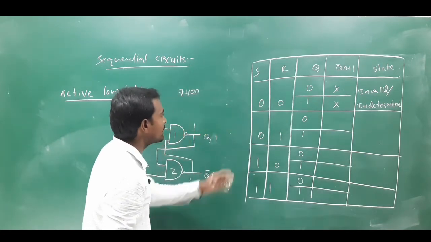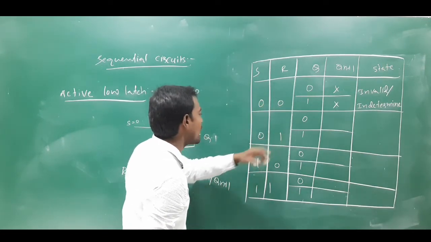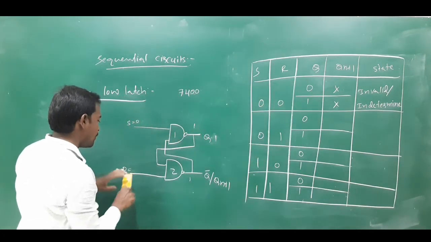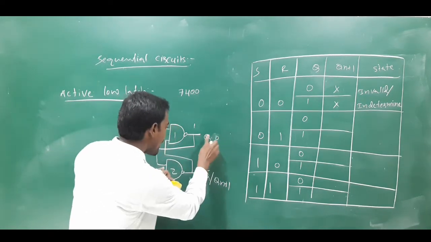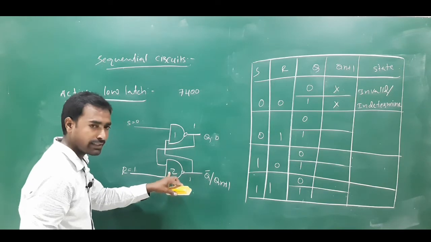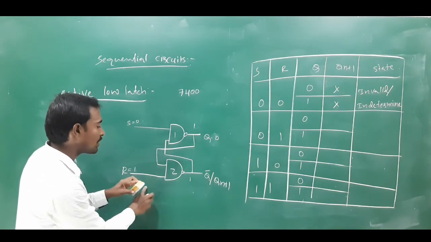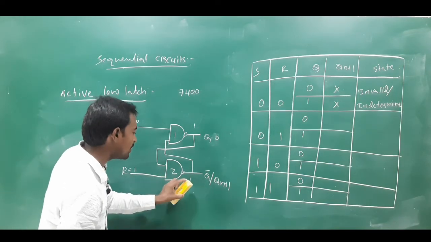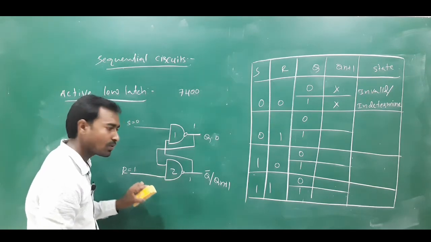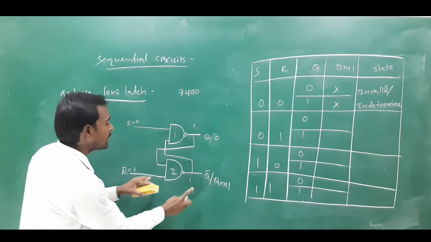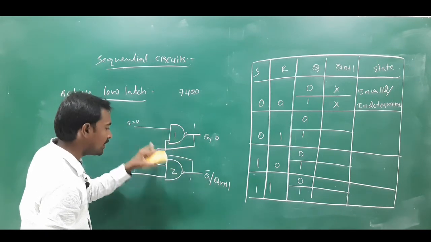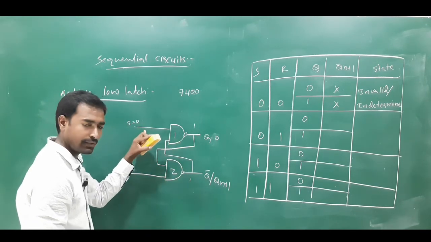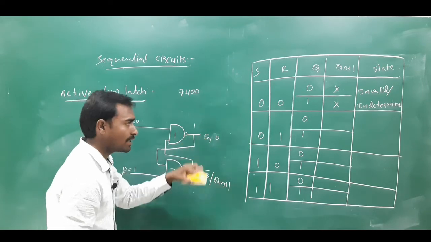Next take S equal to 0 and R equal to 1, and take Q equal to 0. The 0 input is connected to the second NAND gate: 0 cross 1 is equal to 0, complement of 0 is 1, and this 1 is connected to the first NAND gate: 1 cross 0 is equal to 0, complement 1.